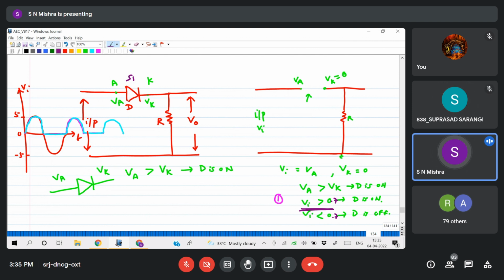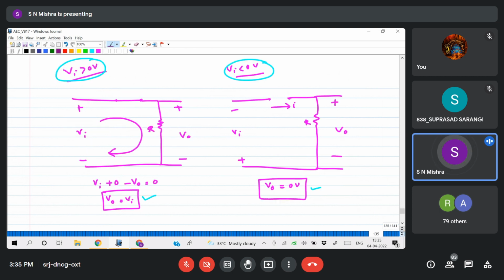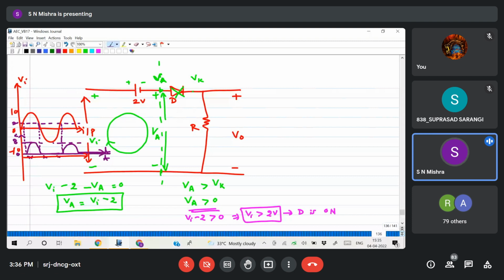Now if I replace it in this condition, what will I get? Tell me the condition. VI should be greater than how much? 2.7. 2.7 volt. Okay.